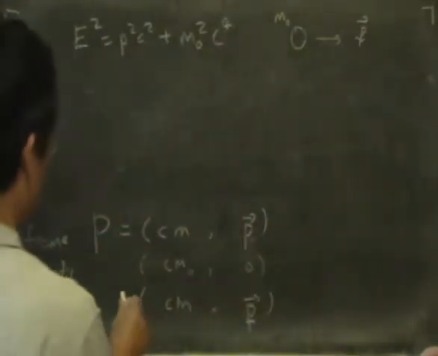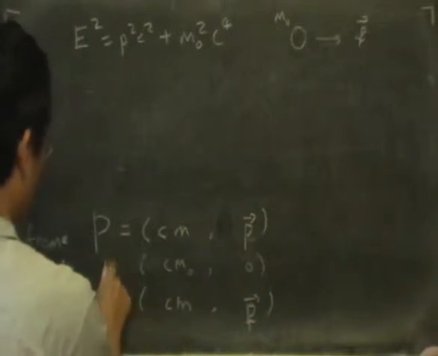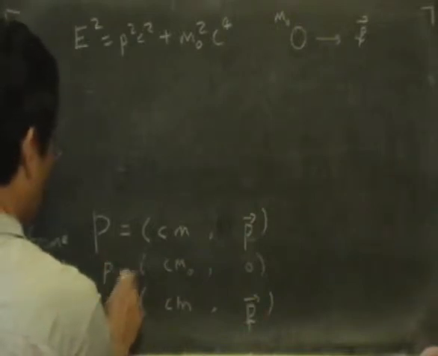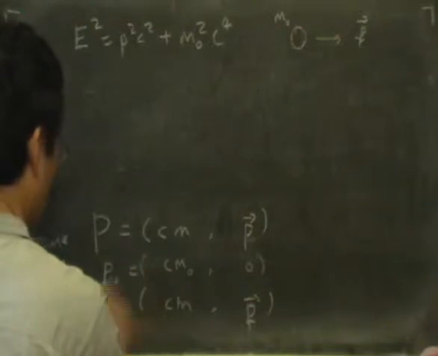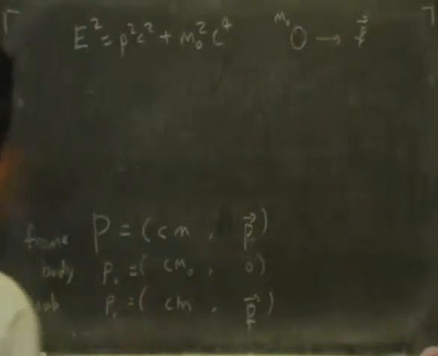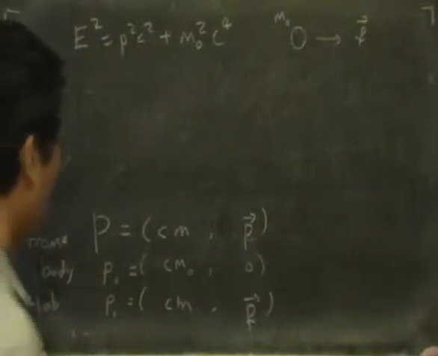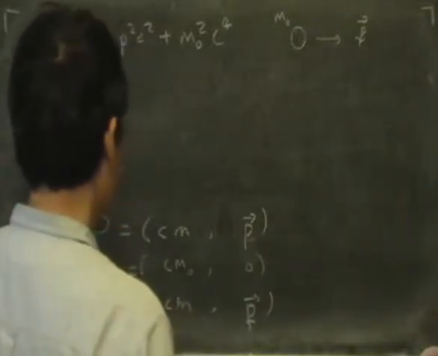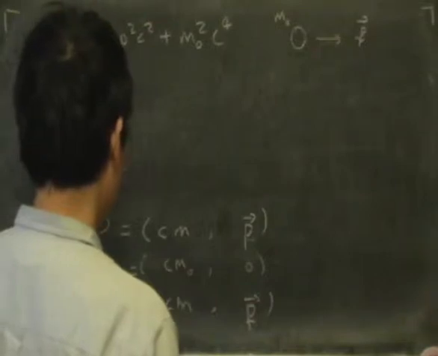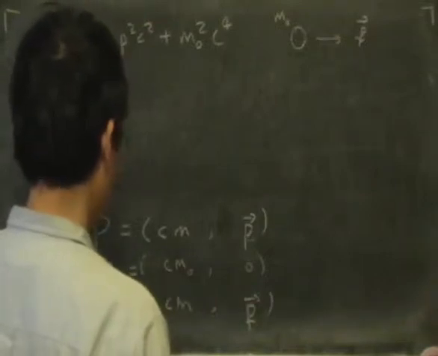Let me give them some names. I'll call this P0, and I'll call this P1. Call this P0 and call this P1. So I would take the inner product with itself.